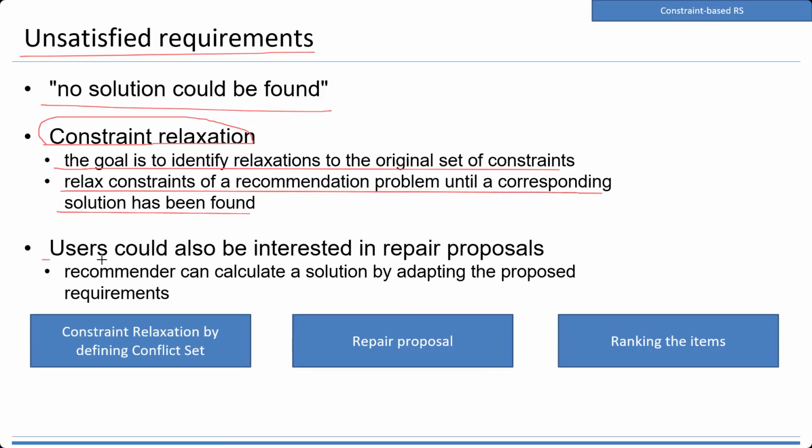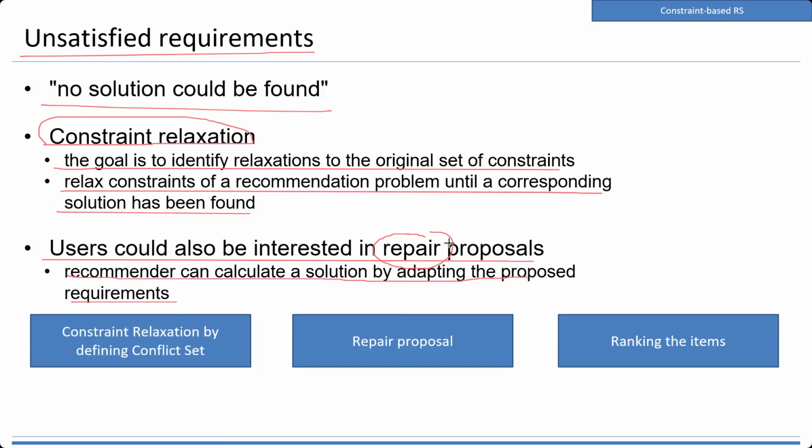So in this case, the user could also be interested in repair proposals. Repair proposal means the user requirement should be changed, or the store should have another kind of proposal. The recommender can calculate a solution by adapting the proposed requirement.